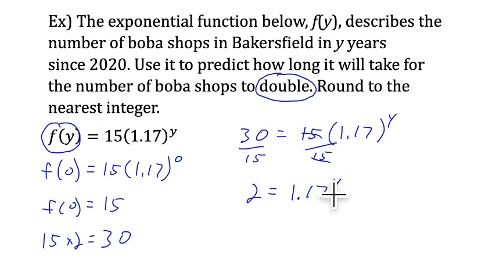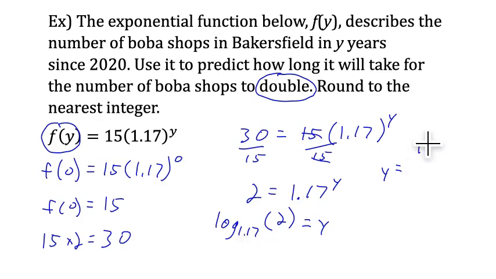Now to figure out y, let's go ahead and rewrite this with logarithms. The base is 1.17, so the base of our logarithm will also be 1.17, of the number that is not the exponent is equal to the exponent. Since most scientific calculators don't have a base 1.17 button, we'll go ahead and use the change of base formula.